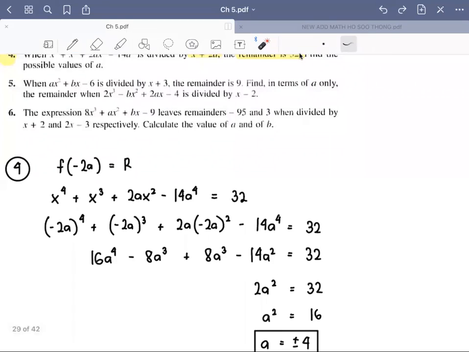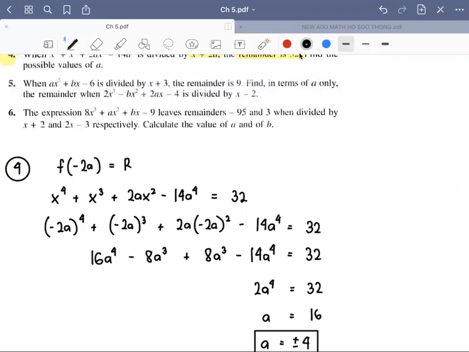So this is supposed to be a to the power of 4 equals 32, right? Yeah, it's supposed to be to the power of 4. And then there you go.